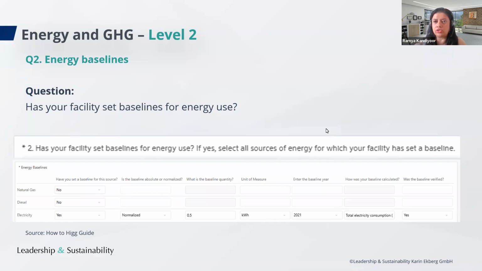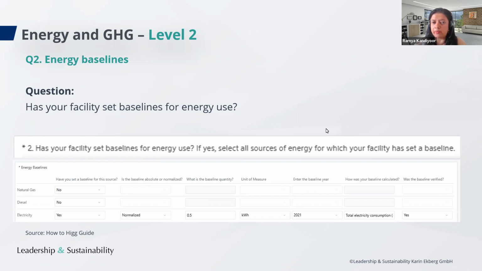In that consideration, 2020 was a year where there were a lot of lockdowns. That might not be the most appropriate year to choose as your baseline year. You should choose a year where, right from January to December, there has been a uniform or representative indication of the energy that has been used.